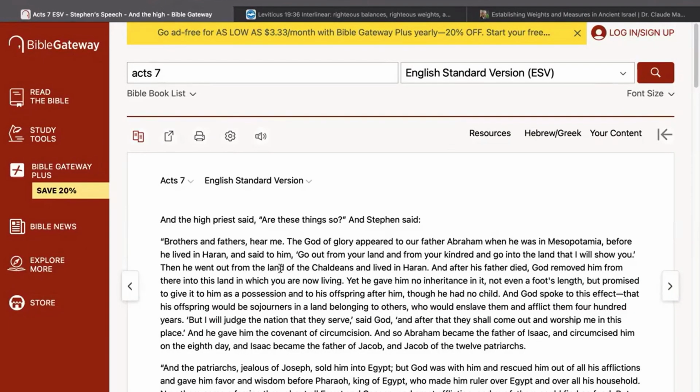Then he went out from the land of the Chaldeans and lived in Haran. And after his father died, God removed him from there into this land in which you are now living."